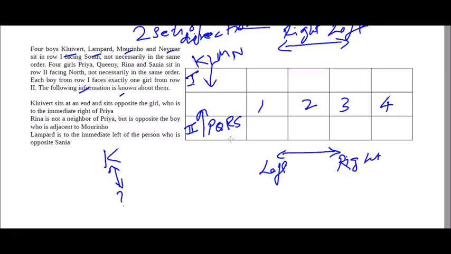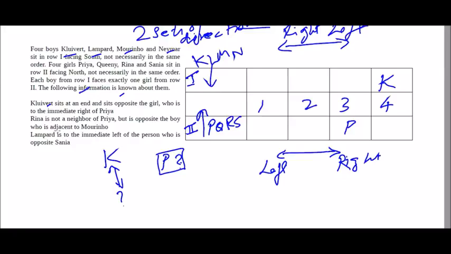Now Priya will be in this row. For girls, this direction is right. So if I put Priya here, immediate person will be this person who is facing Kluivert. And I also know Kluivert sits at an end. Now if I put Kluivert in position 1, there is no place for P to sit. So K goes to position 4. This is question mark, so this is Priya.